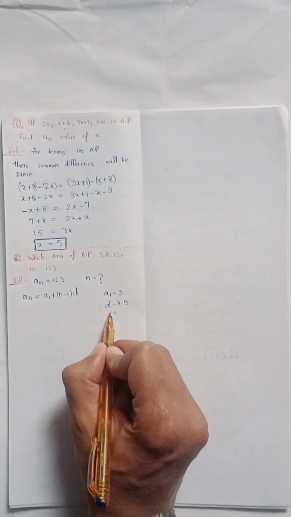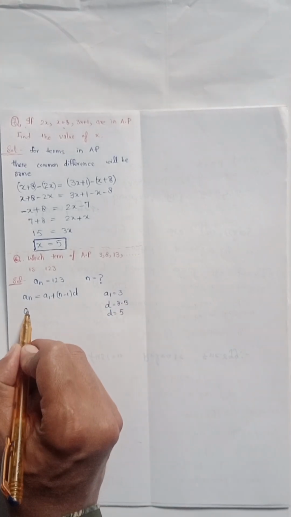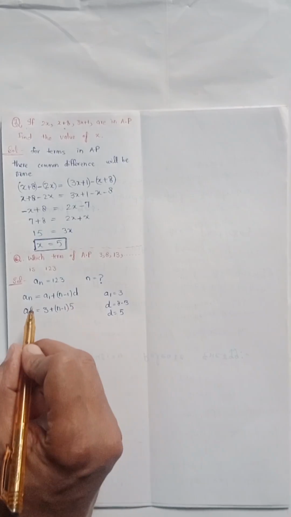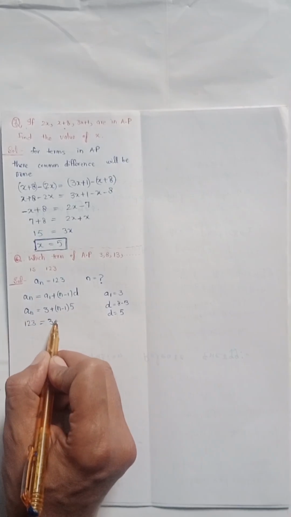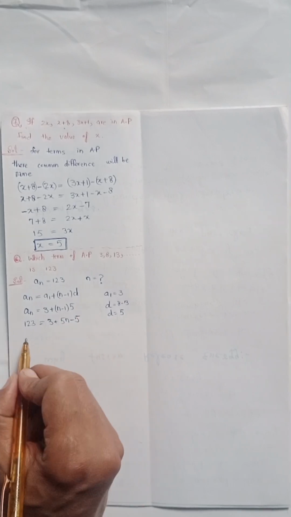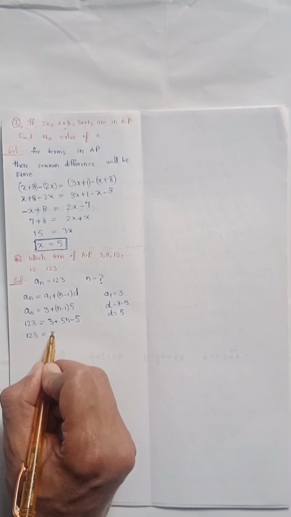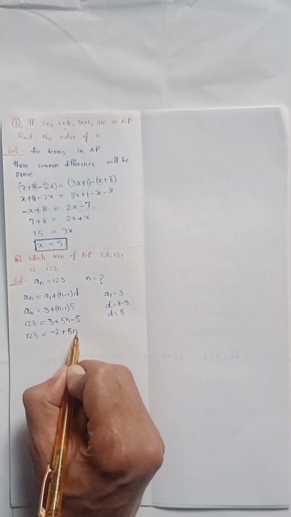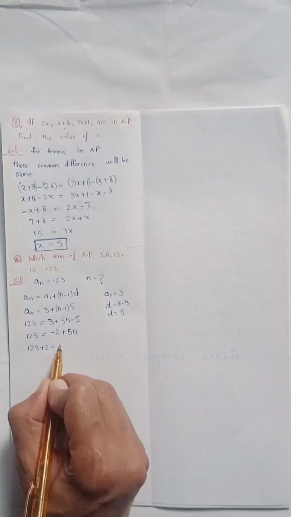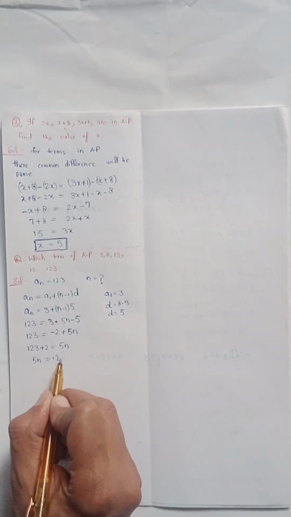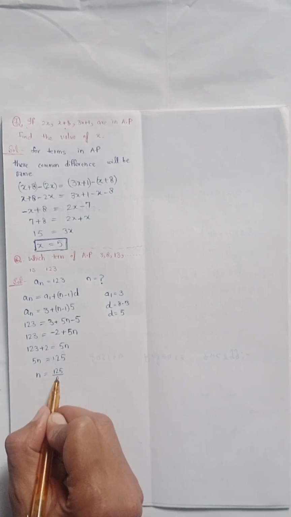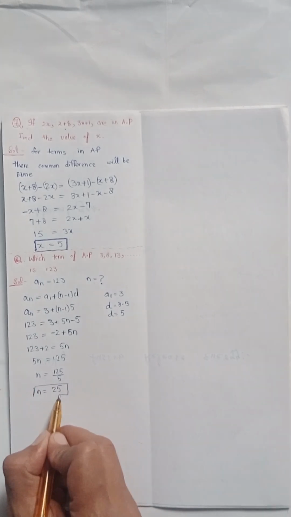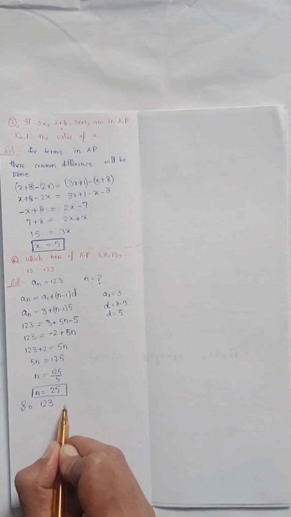So 123 equals 3 plus (n minus 1) into 5, which is 3 plus 5n minus 5, so 123 equals minus 2 plus 5n, and 123 plus 2 equals 5n. 5n equals 125, n equals 125 divided by 5, n equals 25. So 123 is the 25th term.